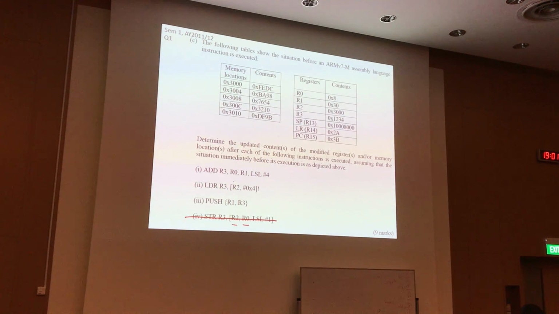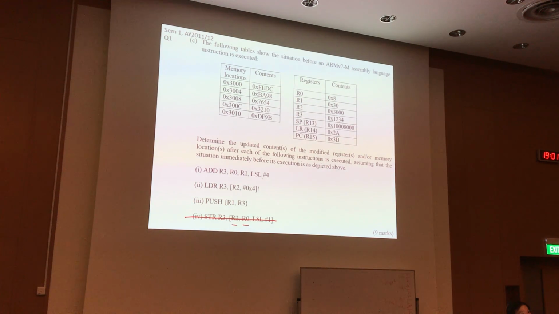Now let's say you have this situation, and you want to do part 1. You have to understand the instruction. This instruction seems quite scary, quite complicated, so many things. You are quite used to add with 3 registers, so how come this one has this?